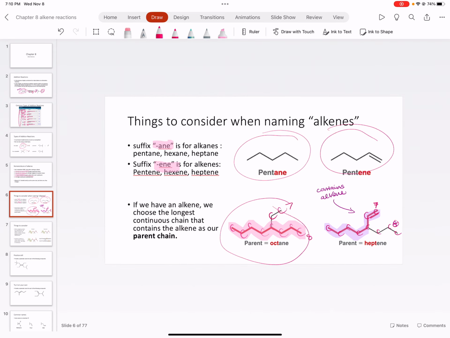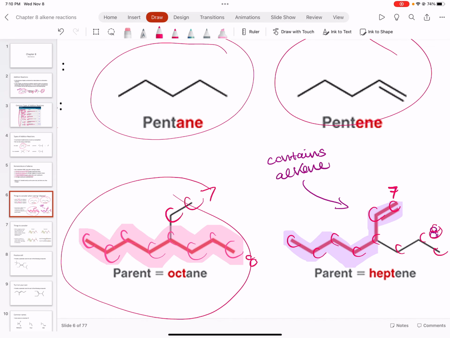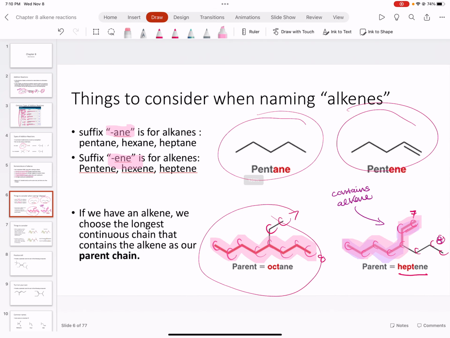But you can see that our parent chain ends up in a heptene, because when we have a double bond, a double bond has a higher priority than a single bond, carbon-carbon. So no matter if we have a longer sequential carbon-carbon single bonded chain, the one with higher priority is gonna be the longest chain that includes that double bond.